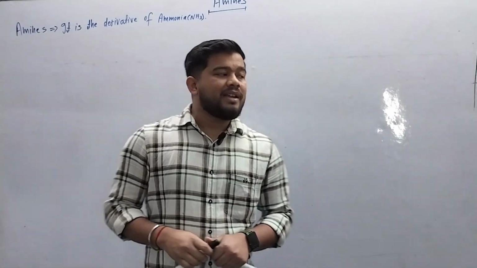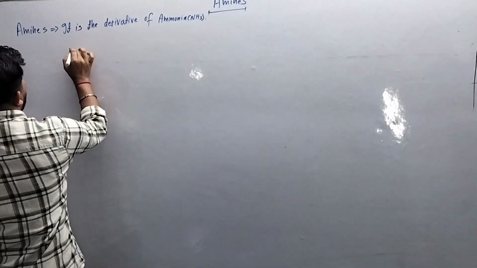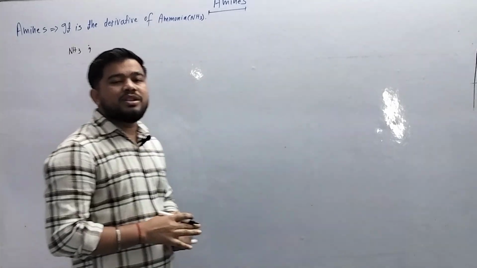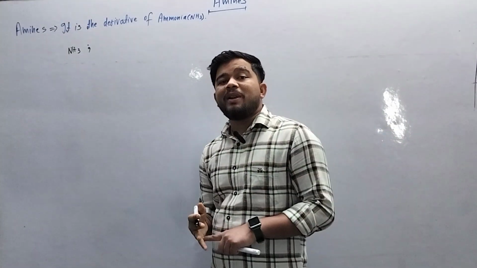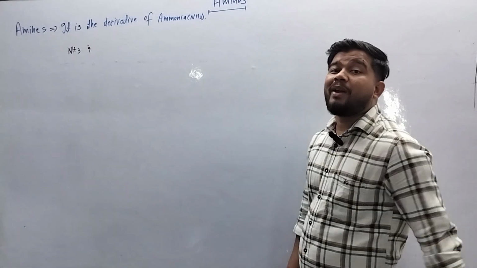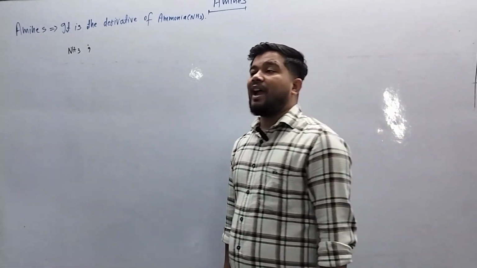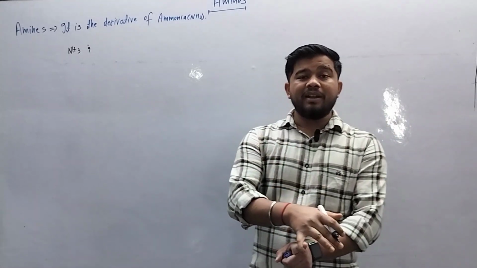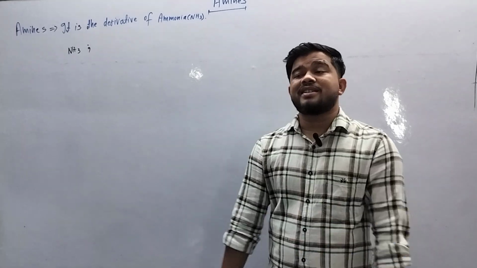Let us take an example. If NH3 is ammonia, if one or more hydrogen of ammonia is replaced by either alkyl group or phenyl group, then it will be called 1 degree amine, primary amine, 2 degree amine, secondary amine, or 3 degree amine, tertiary amine.